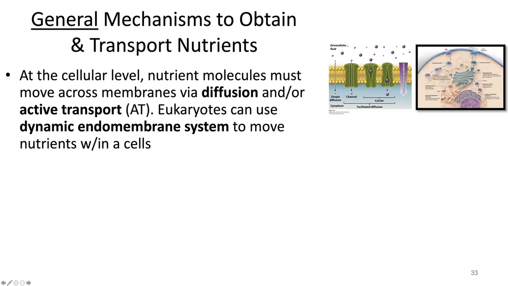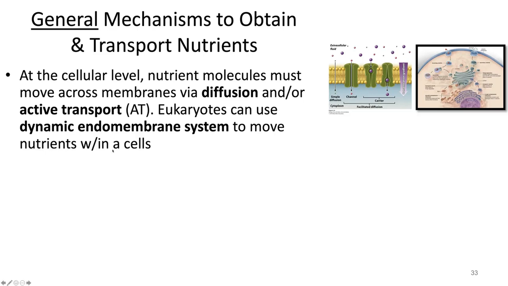So diffusion does not require energy. Active transport does. Eukaryotes use diffusion and active transport, but they can also use that dynamic endomembrane system that we talked about to move nutrients within cells. Remember, the dynamic endomembrane system is a system of membranes within the cell; endo means within.